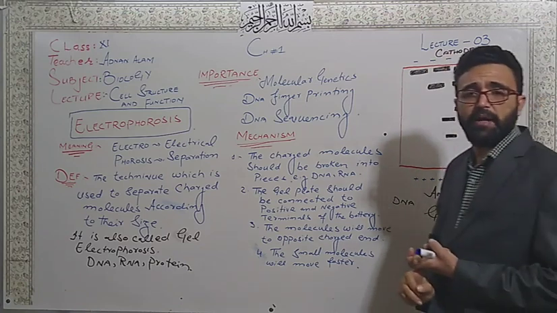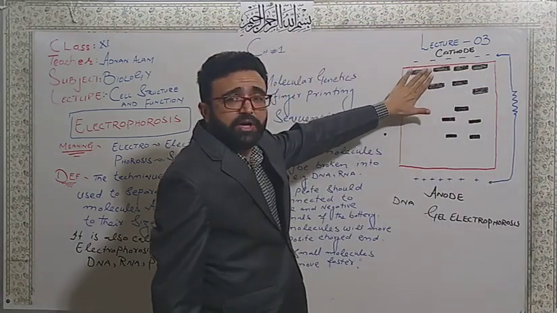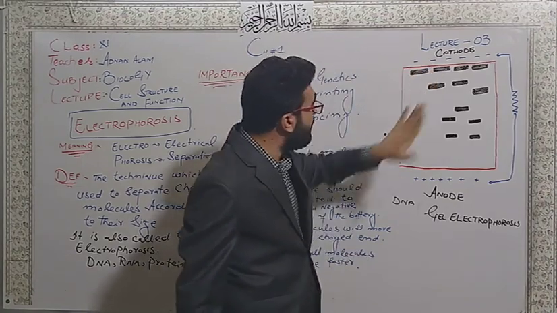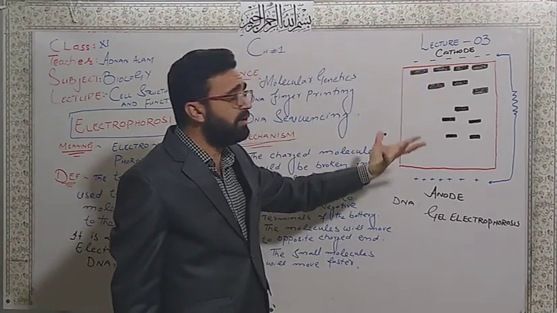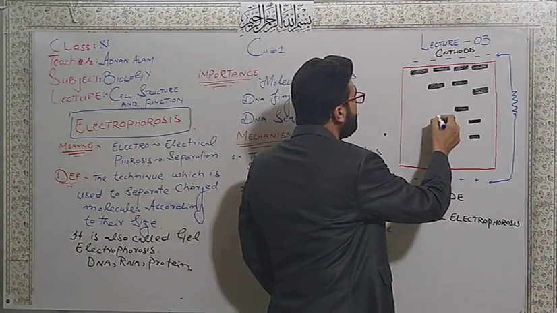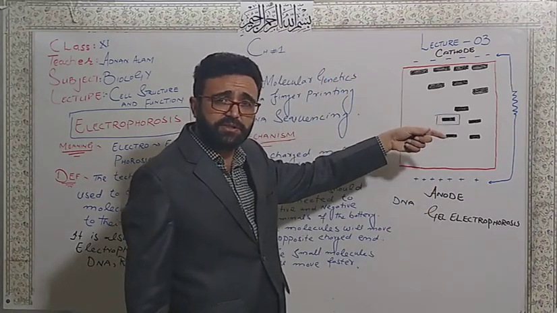Now the next step is autoradiography. We should take the X-ray image of this plate, which will be used further on, or we can even take a piece of DNA from here and study it further.